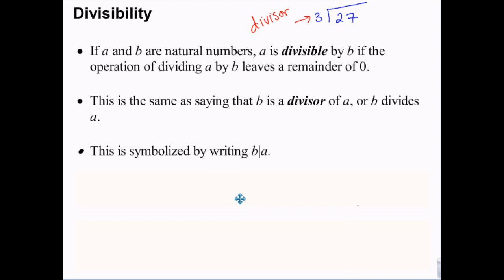And if something is divisible evenly, you can symbolize it this way. So we could say 3 | 27. Now that does look like March 27th maybe, but that's not what it is. This is saying that 3 evenly goes into 27. 4 evenly goes into 24.